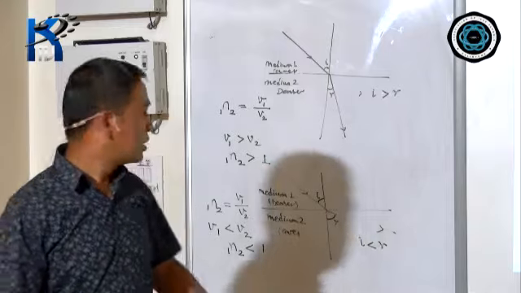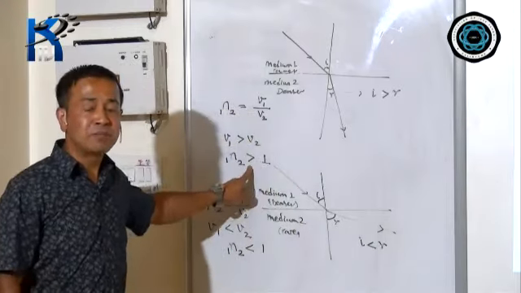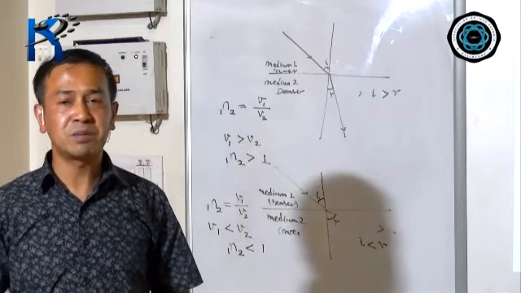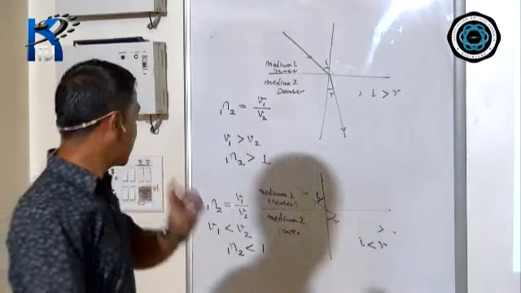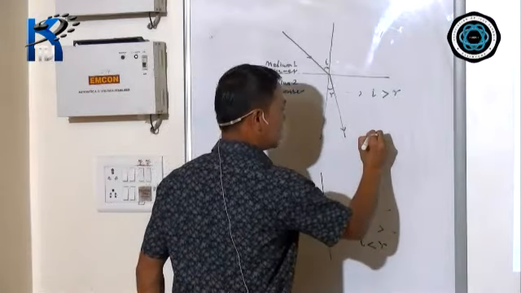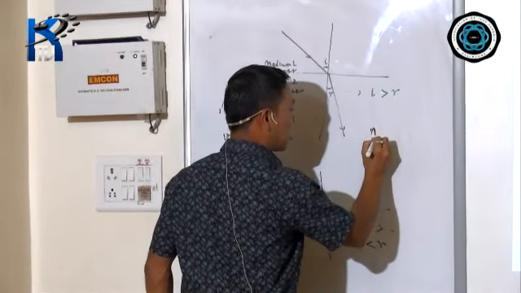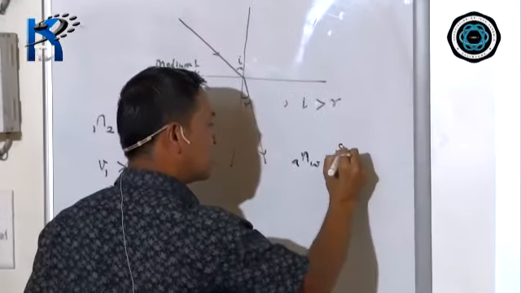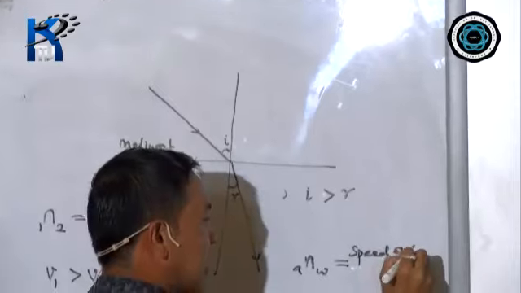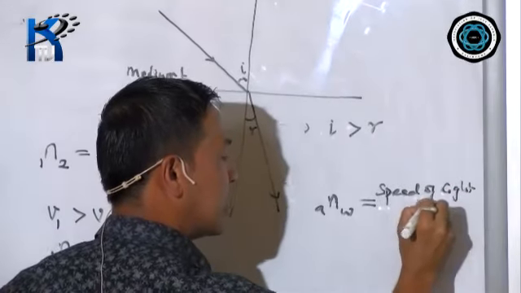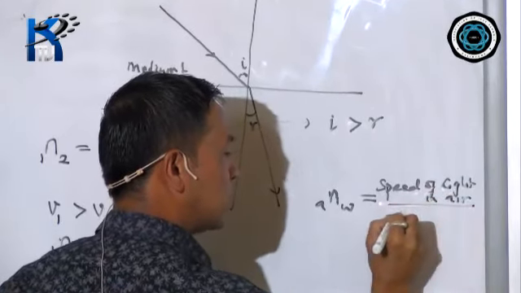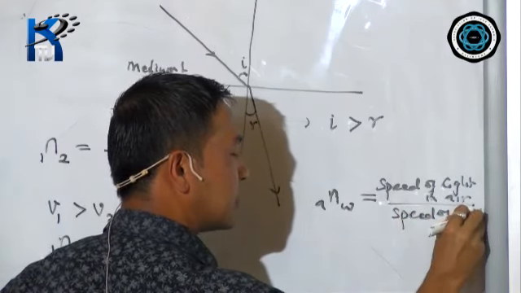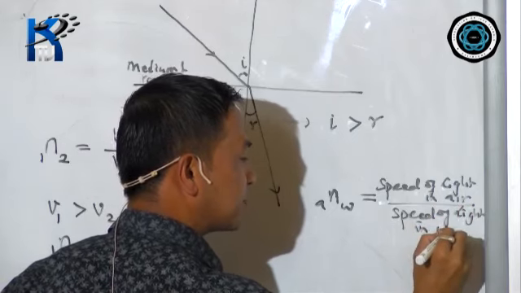But let me tell you, the value of refractive index is determined by how much the light bends in a particular medium when it passes from another medium. So again, let me show you the relation of refractive index of water with respect to air. We have already done it. It is nothing but the speed of light in air to the speed of light in water.